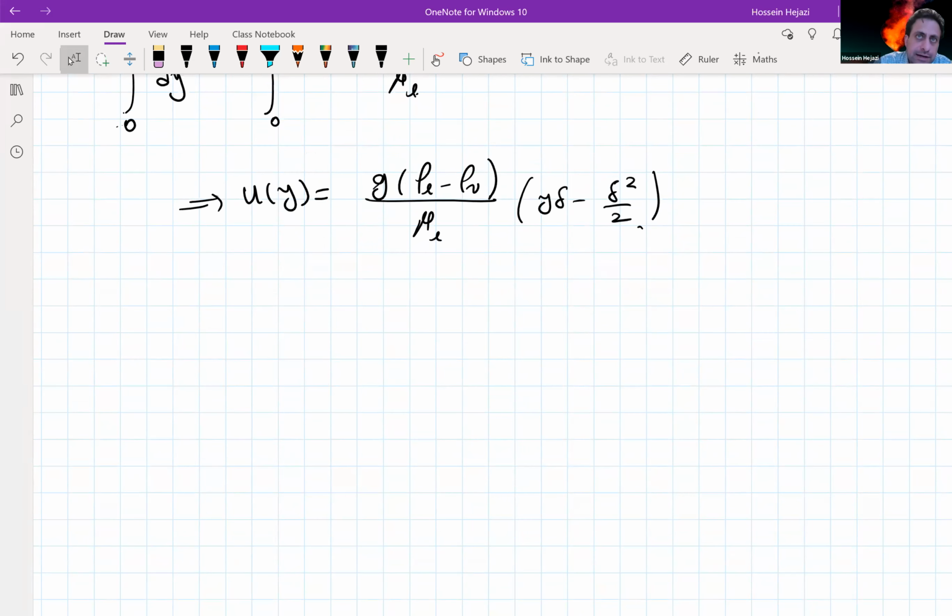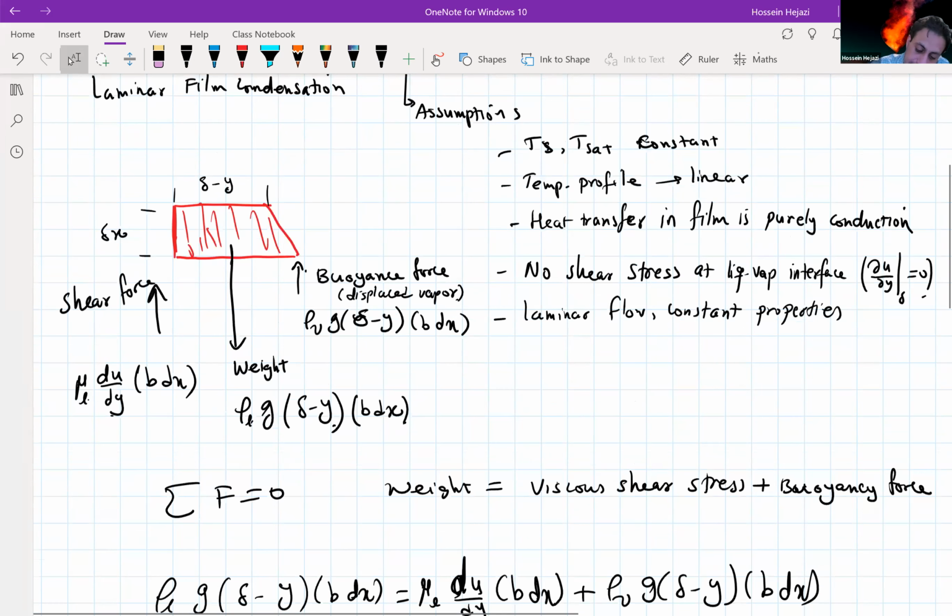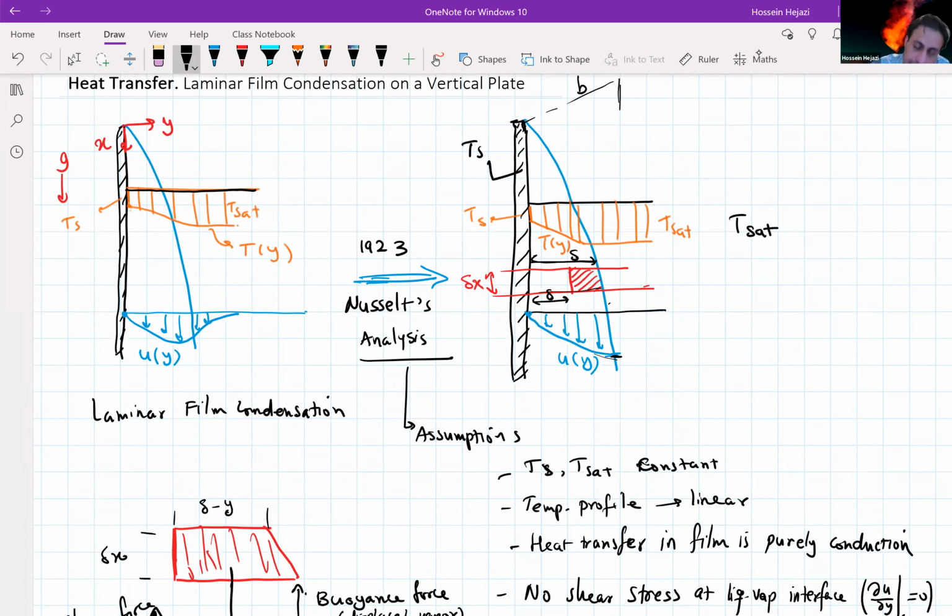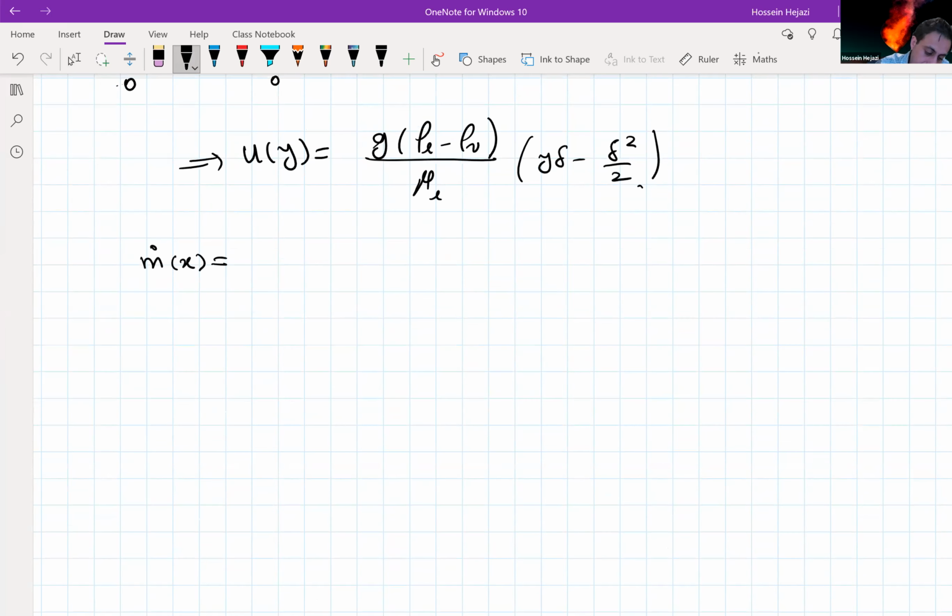And from the velocity, the average velocity, we can get the mass of that part. So the mass of the condensate at any location of x here, I forgot to put it here, this is y and this is x, at any x can be found by having the velocity profile that we have here, which is going to be averaged over area of rho L, the density of that, u(y) dA.